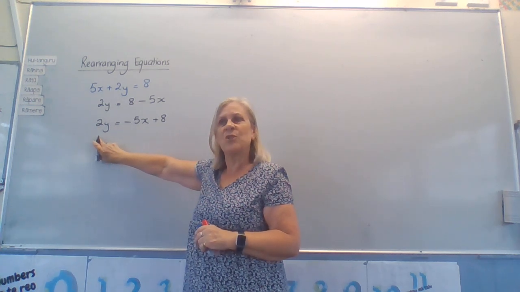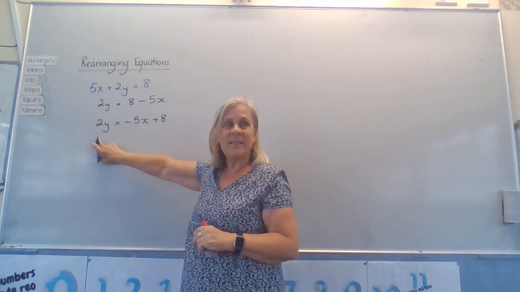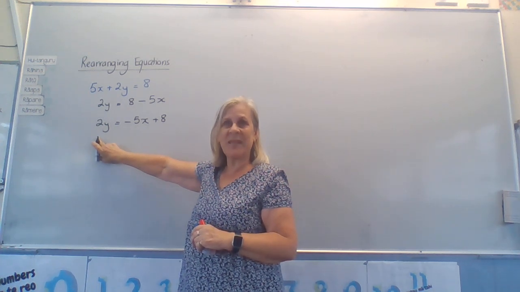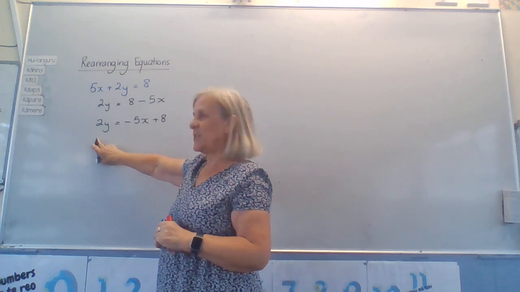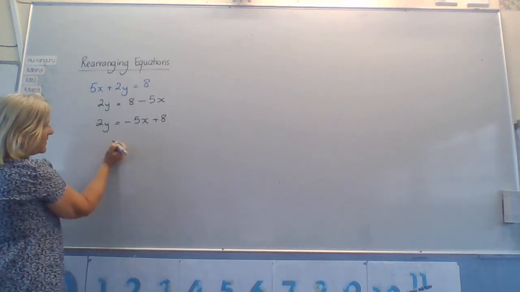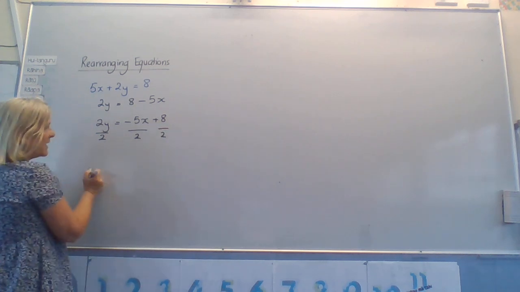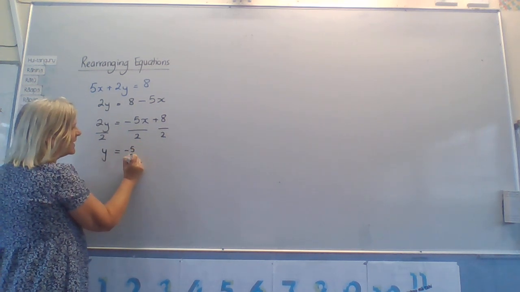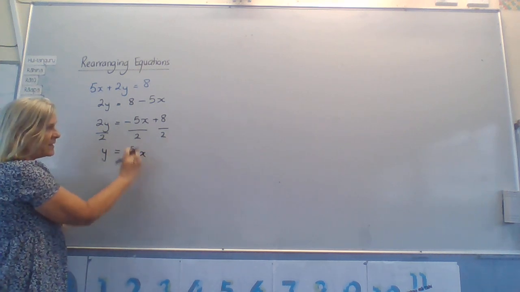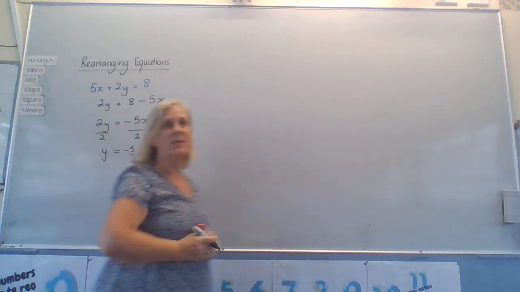How do I get this to be y? What do I do to 2y to make it into a y? Divide by 2. All right? So if I divide everything by 2, then I get y equals negative 5 over 2 x, which I can leave like that. That's a gradient. And plus 4, which is my y-intercept.